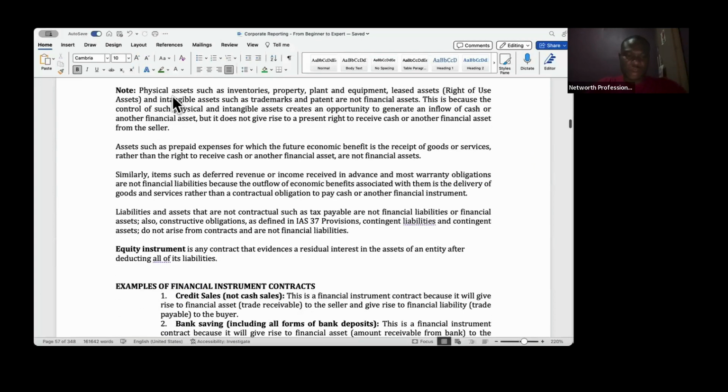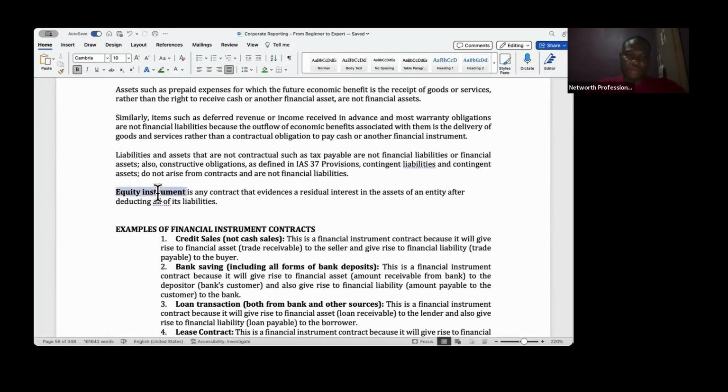Finally is equity. I have defined equity before now under the conceptual framework. So equity is generally share capital, specifically ordinary share capital, and your reserves, like share premium, retained earnings, revaluation reserve, and others. That is your equity. But by definition, in this standard, equity is any contract that evidences residual interest in the assets of an entity after deducting all its liabilities.